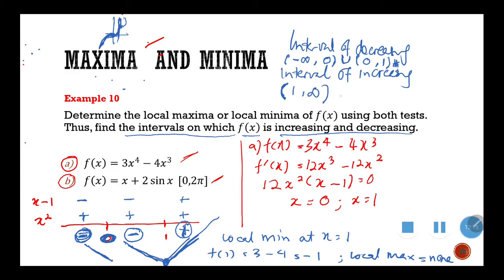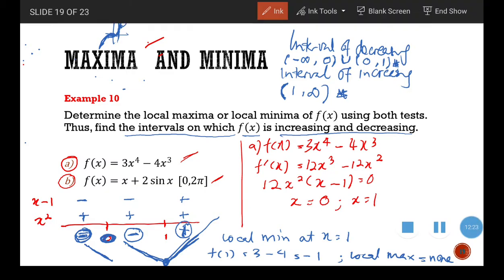Okay, so this is the answer for interval of increasing and decreasing. Alright. Dah, saya rasa saya discuss terus lah. Tak payahlah you all submit yang ni, senang sangat.